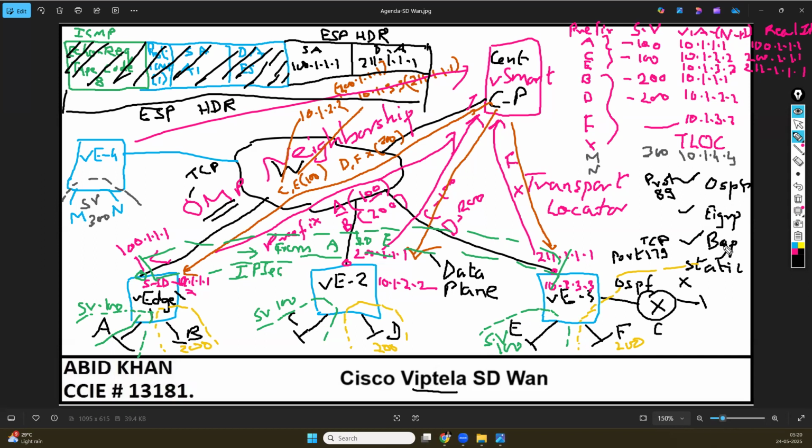As I said, to understand OMP, BGP understanding has to be there. BGP has port number 179. OMP also has a TCP port number. Now two protocols cannot have the same number. So 179 is part of TCP, but before 179, there is something else, and that will be homework for you guys.